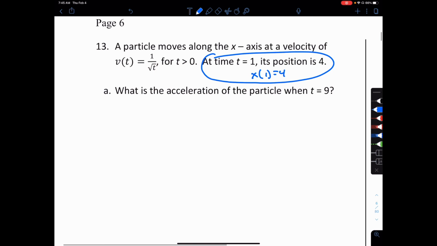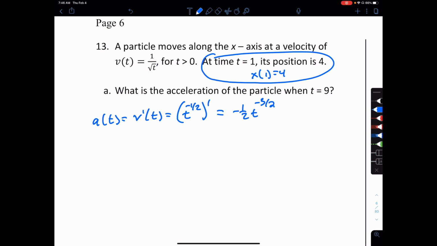What is the acceleration of the particle when t equals 9? Well, to find the acceleration, that's the derivative of velocity. So the derivative of t to the negative 1/2, I'm going to put the 1/2 in front, subtract 1 from the exponent.